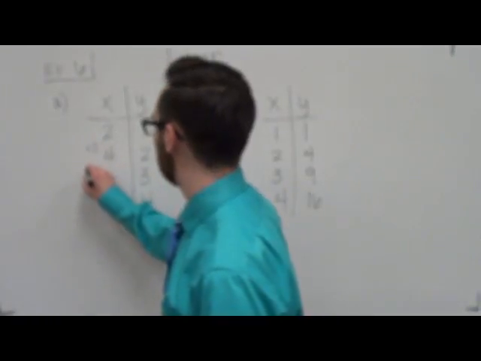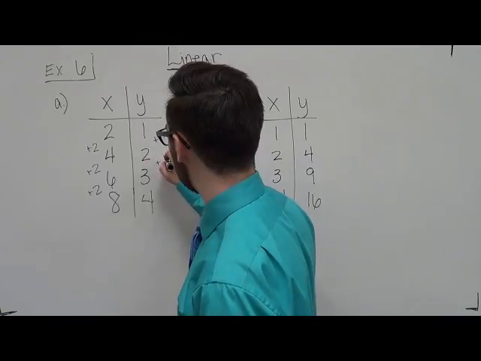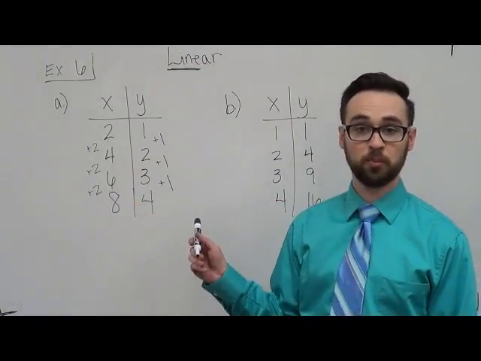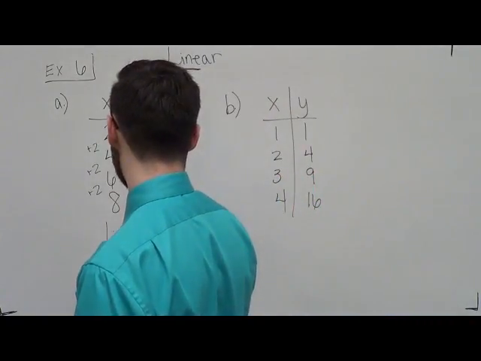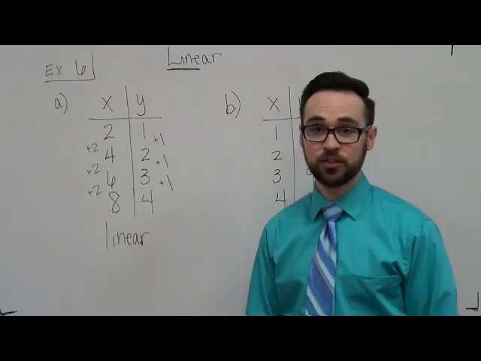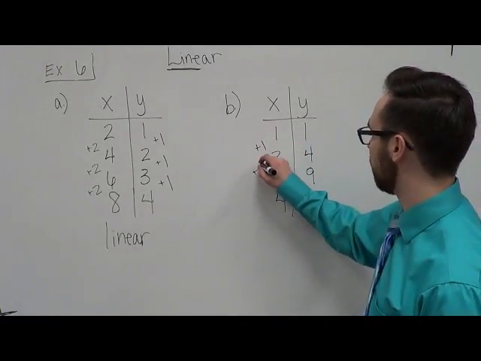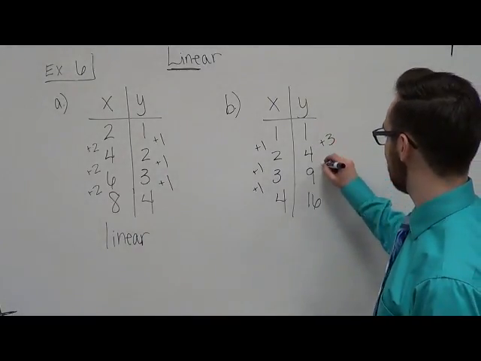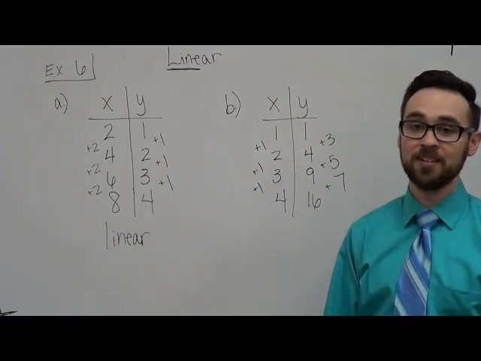We're increasing by 2's on this side. We're increasing by 1's on this side, right? Proportional. If it's proportional, it's linear. So if they're increasing by the same amount each time, it's linear. Over here, increasing by 3, by 5, by 7.